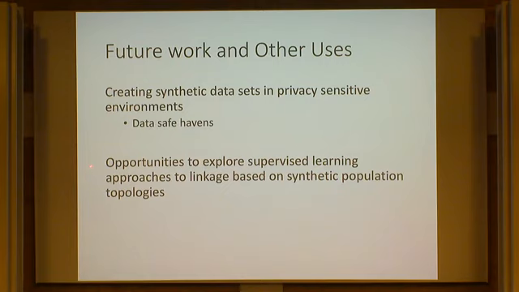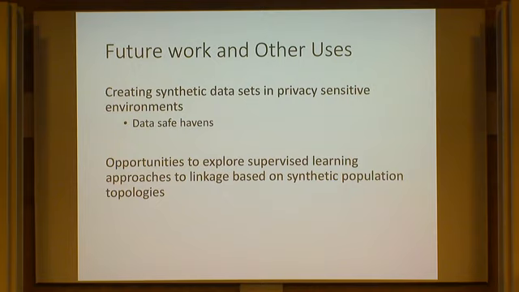The other thought here is using this as an assistance to linkage. As we've touched on a few times, what we're doing here is developing a way to evaluate our linkage approaches. Now, if we're given a set of real-world data we don't have knowledge of the true linkage of, we have the opportunity to take the summative statistics from that and build a synthetic population.